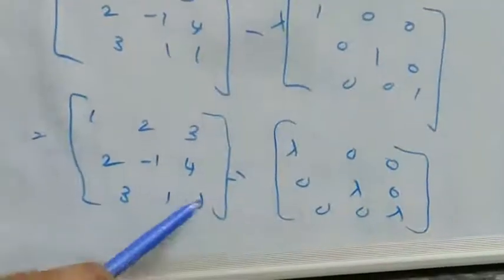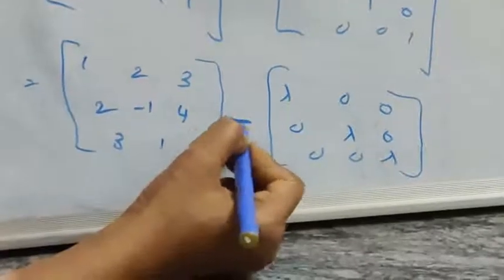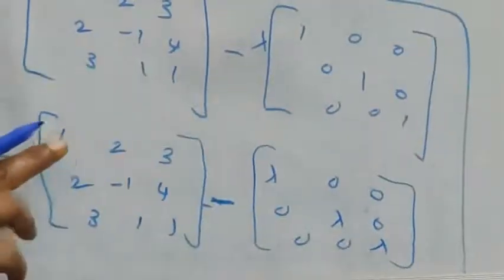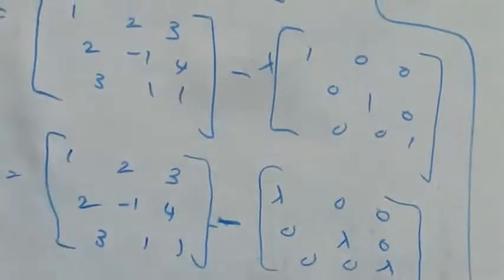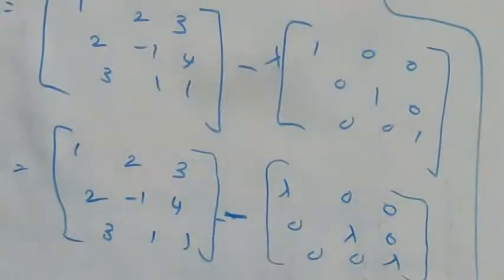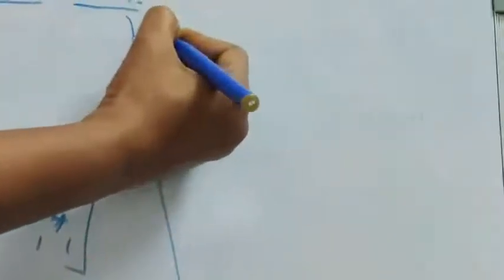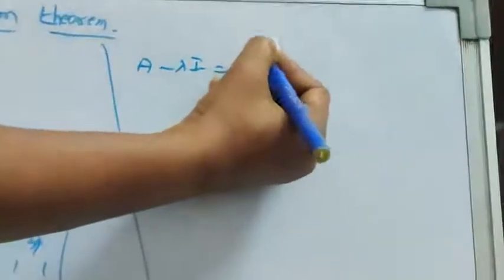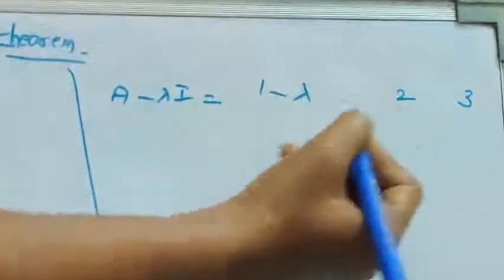Now these two matrices are in subtraction form. So now subtract the second matrix from the first matrix. So what you will get here? 1 minus lambda, 2, 3.